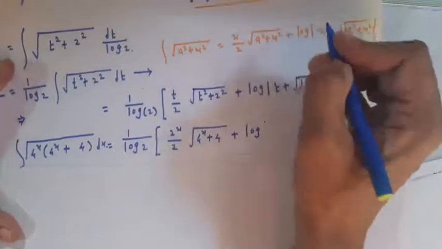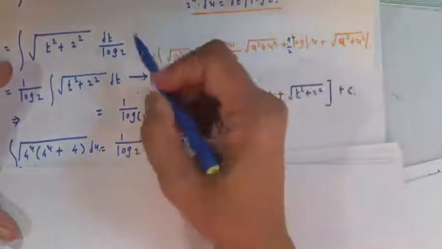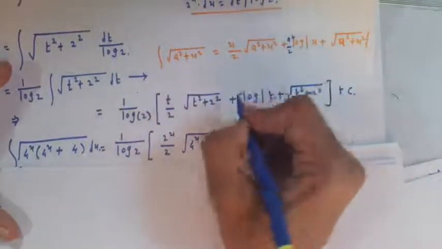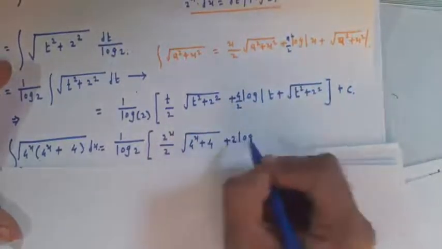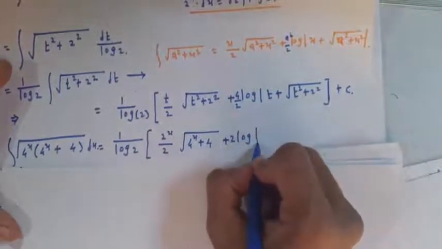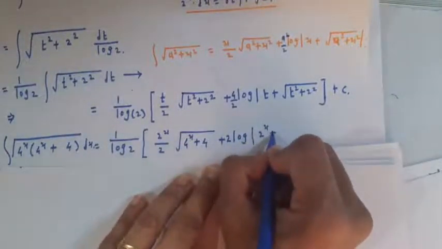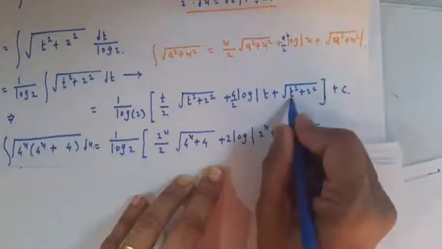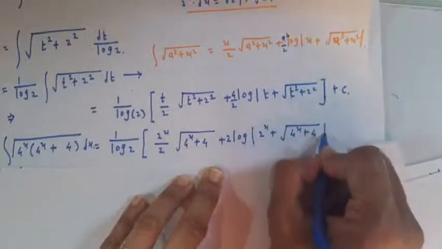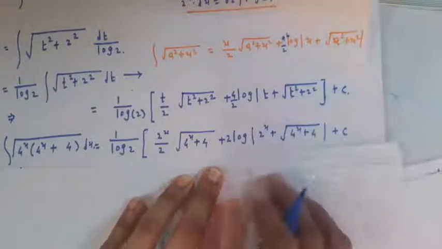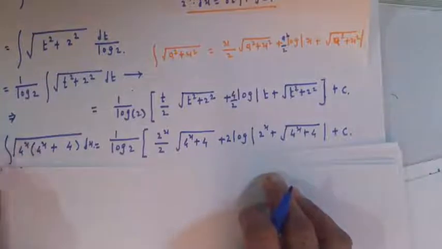Here a square is 4 by 2, and 4 by 2 is 2, into log of t plus square root, meaning 2 raised to x plus square root of 2 raised to x whole square, that is 4 raised to x plus 4, and plus constant of integration c. And this is the solution for the given problem.